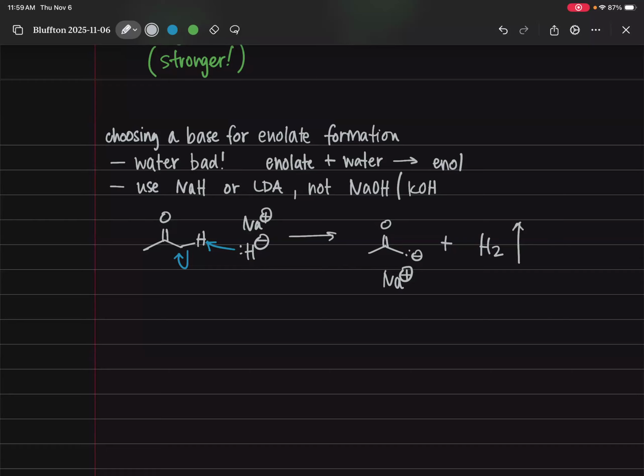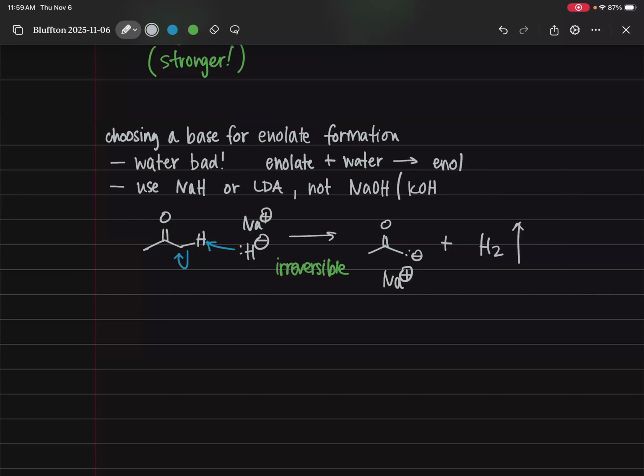So when you treat your enolate solution with sodium hydride, you get bubbles of hydrogen gas that come out of the reaction. That hydrogen is gone, and so this is not a reversible reaction, not an equilibrium reaction, unless you were to do it in a pressure vessel or something extremely stupid like that.